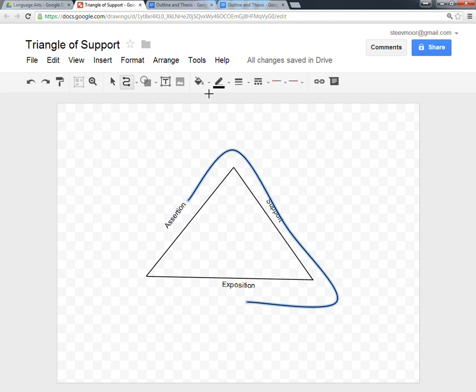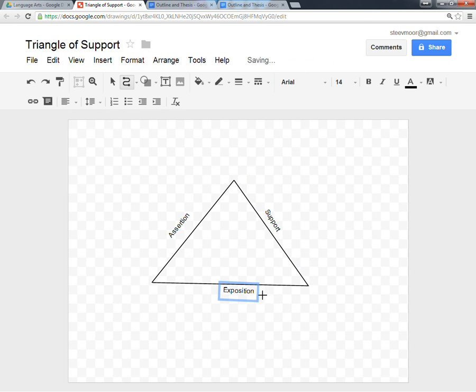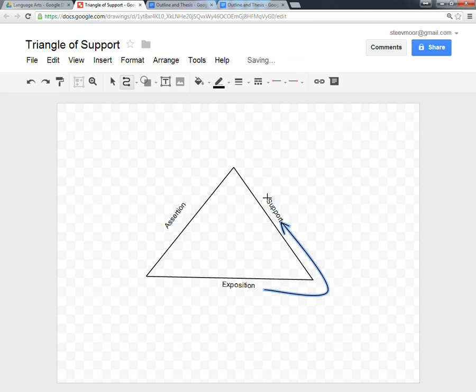This is just to remind you that your exposition, we're going to actually put it like this, always explains how your support makes your assertion true. All right? So those are the parts of your paragraph.